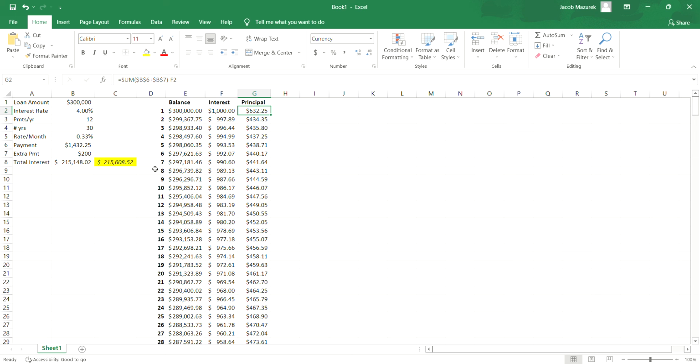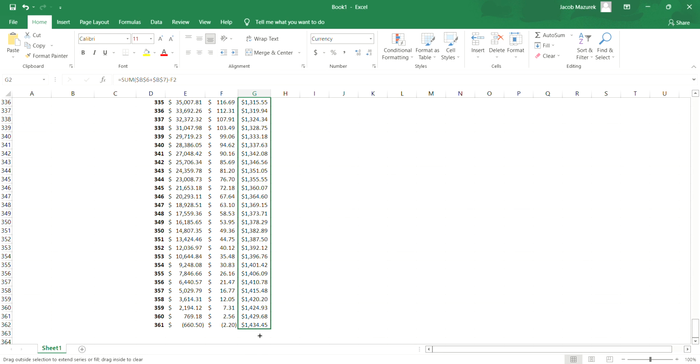You notice already just one extra $200 payment early on saves you the difference between these two amounts here, which, doing some quick math, I'm going to say is about $460 by making that $200 payment. So it's pretty good. Now we're just going to take this formula and move it all the way down.